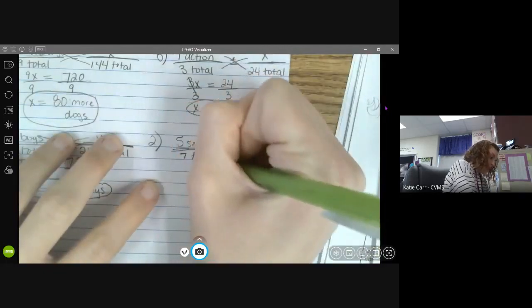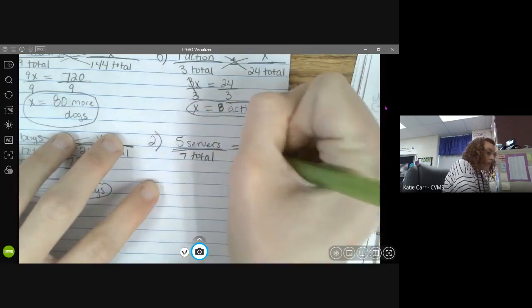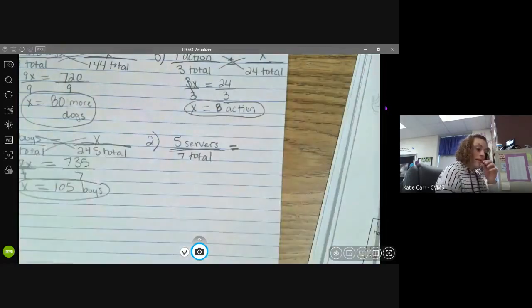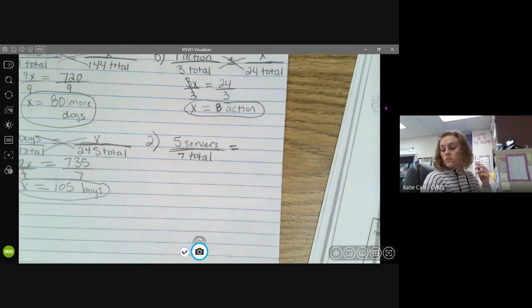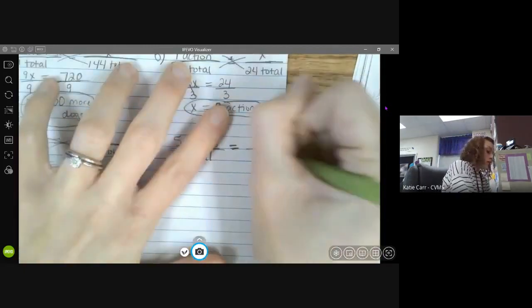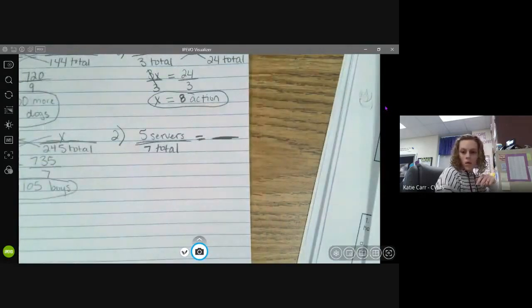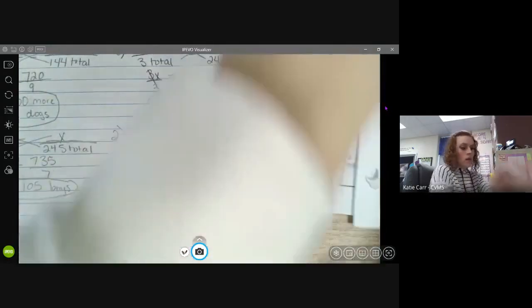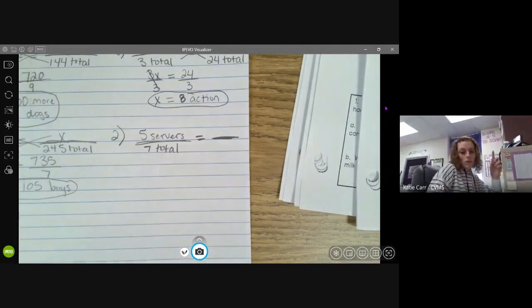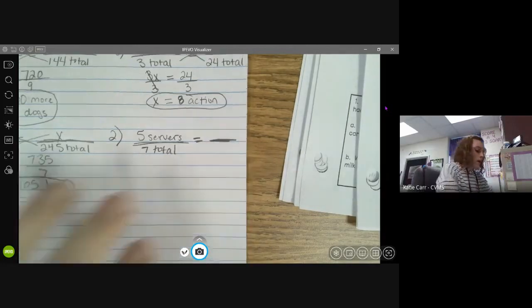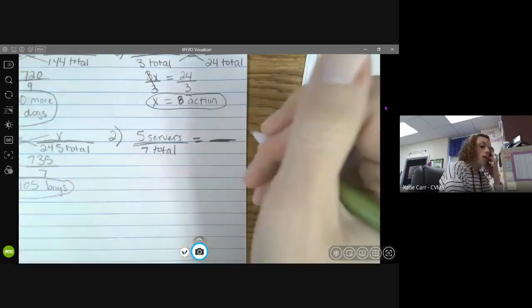7. Yep. 7 total. And then what is the other number they gave me? 42. 42 total. So where does that go? The 42 total, Jasmine. Where does it go? On the top or the bottom? You just put a T or a B. On the bottom, yes, because that's total as well.